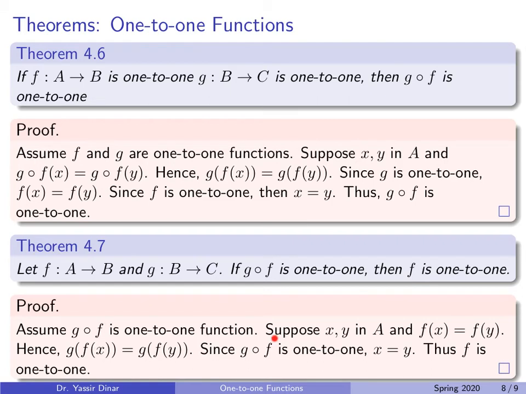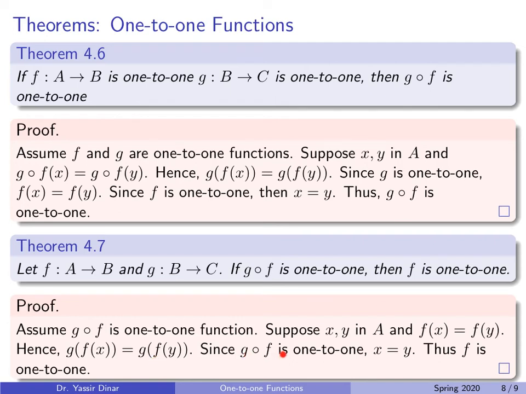So we assume that g circle f is a 1 to 1 function, and now I want to prove that f is 1 to 1. So suppose x and y in the domain of f, which is A, and the images of x and y are equal. So f of x is equal to f of y. Then we can use x and y in A, and g circle f also has the same domain A. So if I apply g to f of x and g to f of y, since they are equal, their images under g have to be equal.